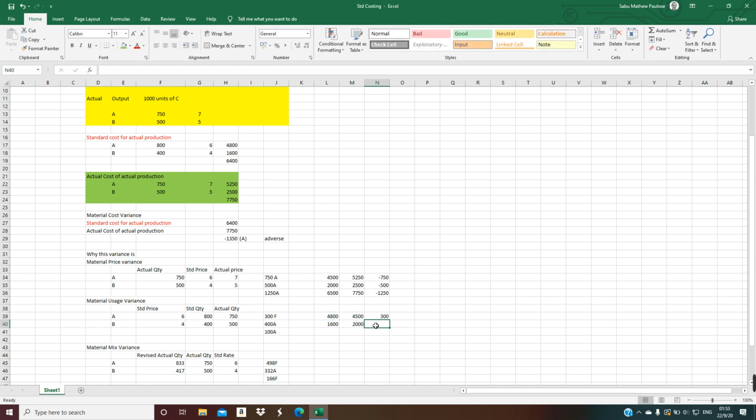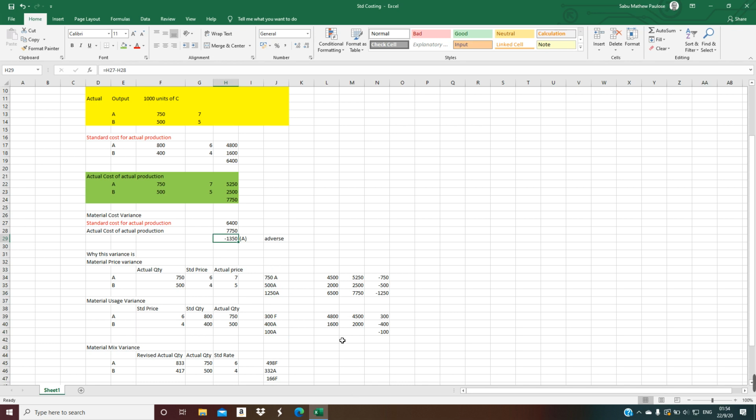For material A, there is a favorable balance of 300, and for material B, it is an adverse balance of 100. So here we are putting 100 adverse for material usage variance and 1250 adverse for material price variance. The total material cost variance is coming.